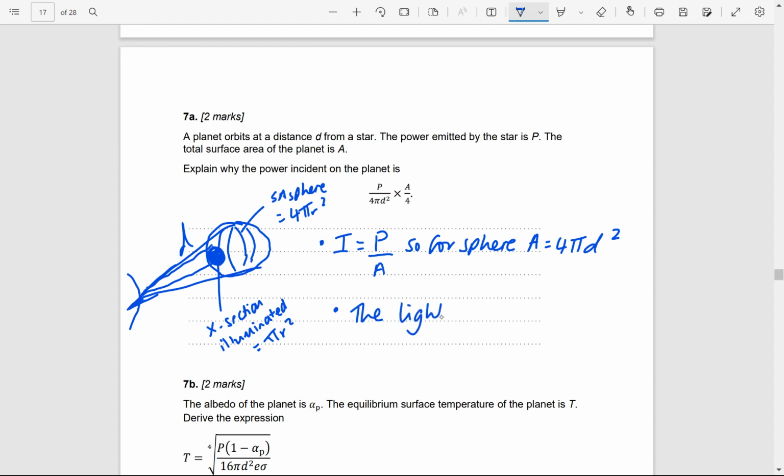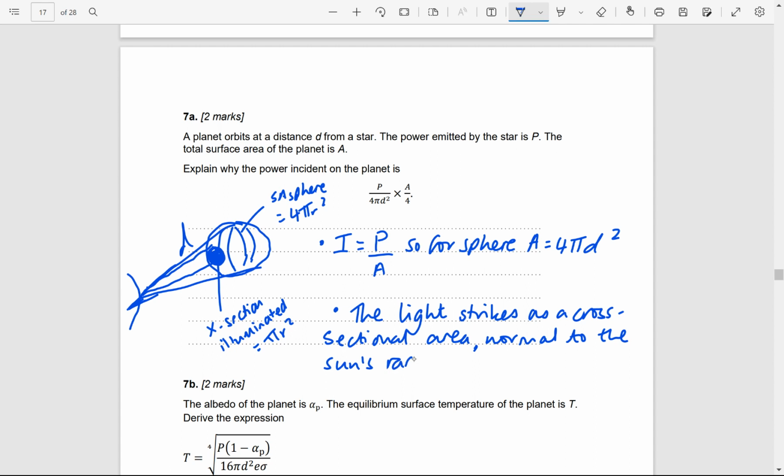Well, this is what I would write. The light strikes as a cross-sectional area, normal to the sun's or the solar radiation.